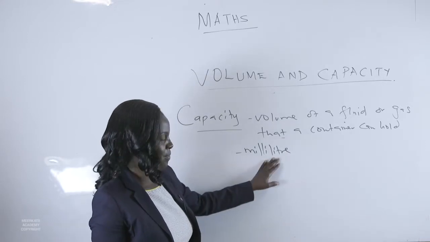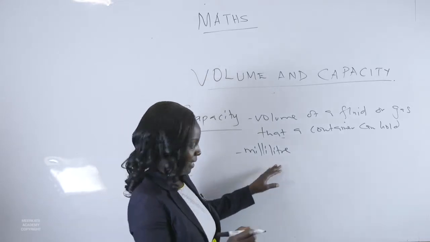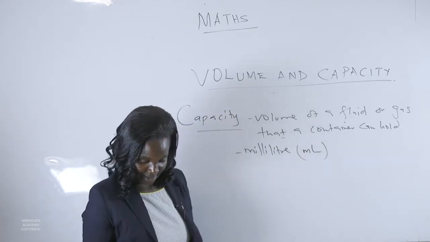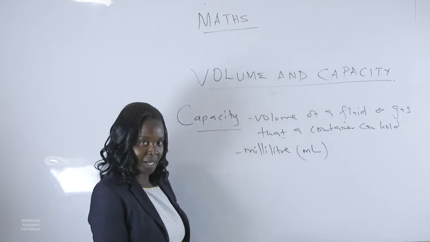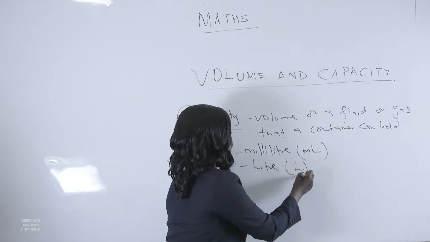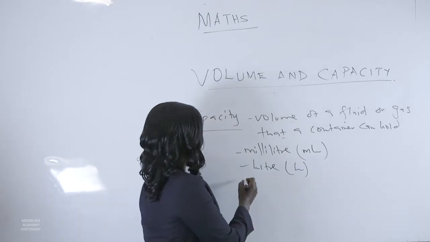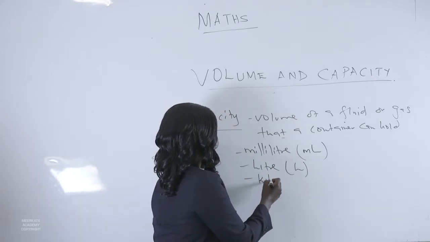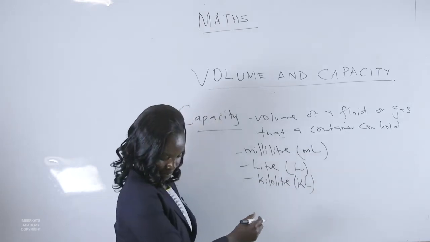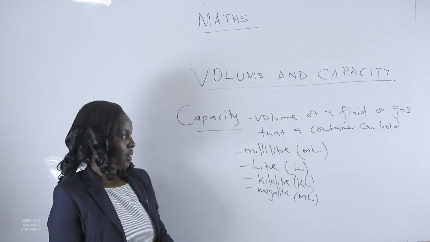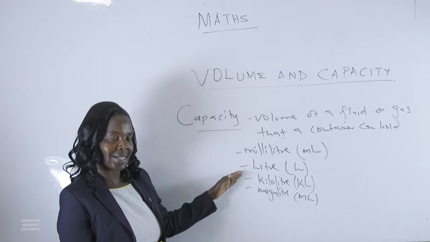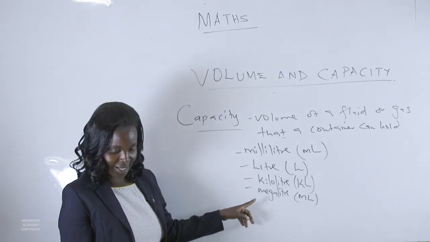This is different from millimeters, and it's written in short as ml. So the units that we use to measure capacity are milliliters, liters, kiloliters, and megaliters.